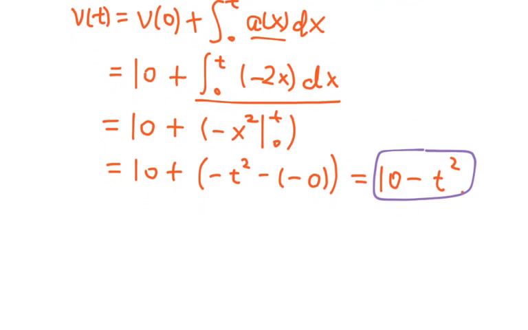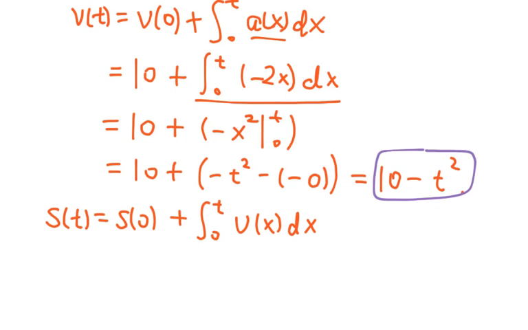Remember, the position function is given by s(t) equal to s0, that is the initial position, plus the integral from 0 to t of the velocity function v(x) dx.